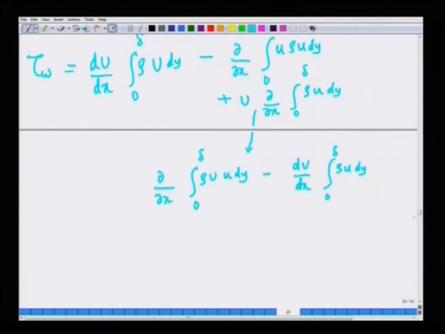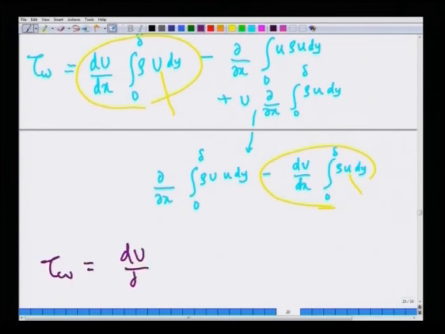Okay. So, tau w then becomes, now if you look at this expression, this has a similar form to this, but the only key difference is this is capital U, this is small u. So, I can rewrite this as dU/dx, I will take that as common, integral 0 to delta of rho times capital U minus small u dy, okay, that is one term.